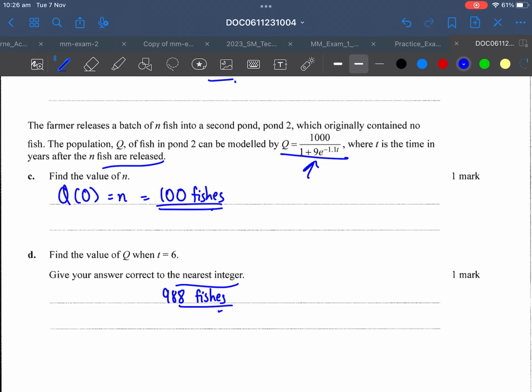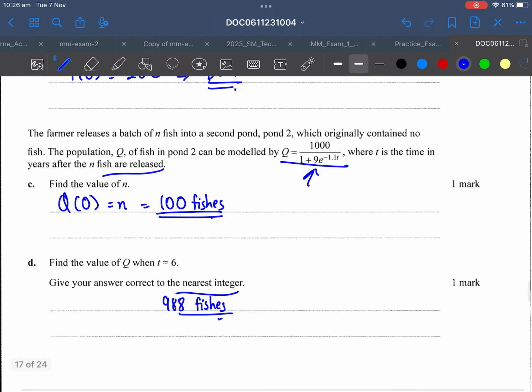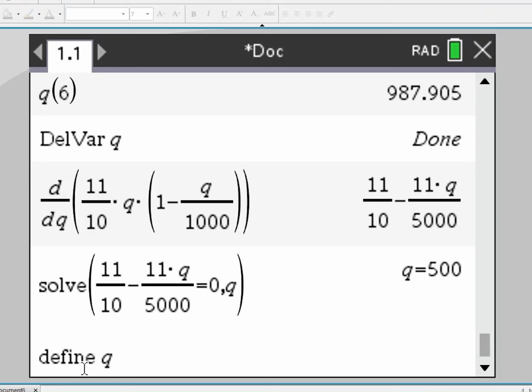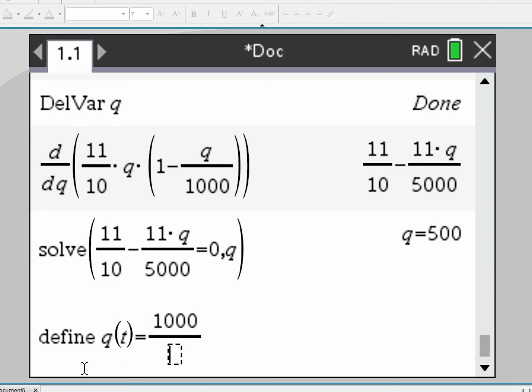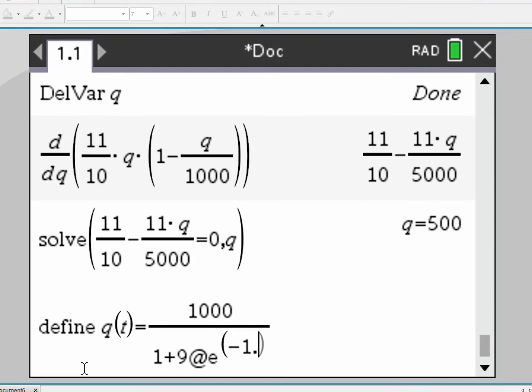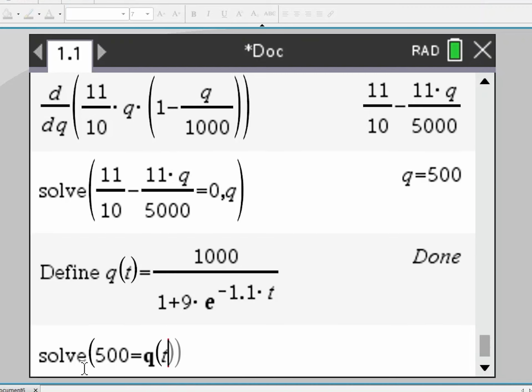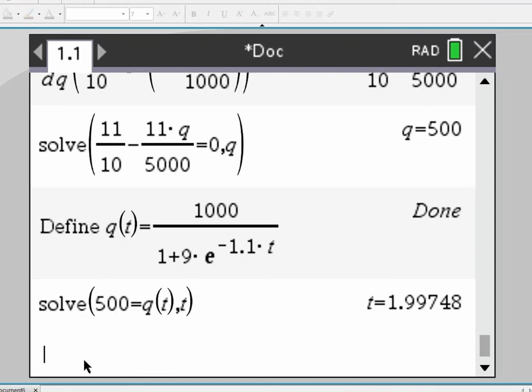I shouldn't have undefined this equation, but that's okay. I'll just quickly define it again. So define Q of t equals 1000 on 1 plus 9 times e to the power of negative 1.1 times t. So solve 500 equals Q of t, comma t, and t is going to be 1.997.